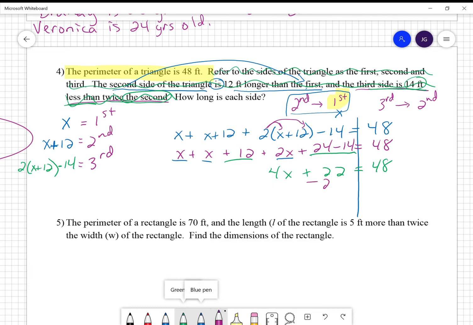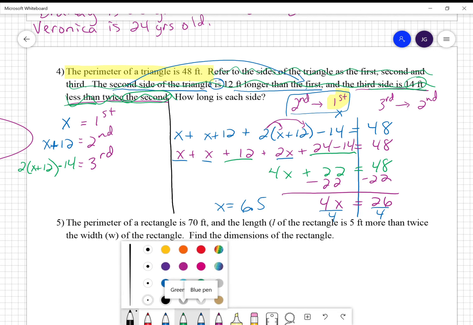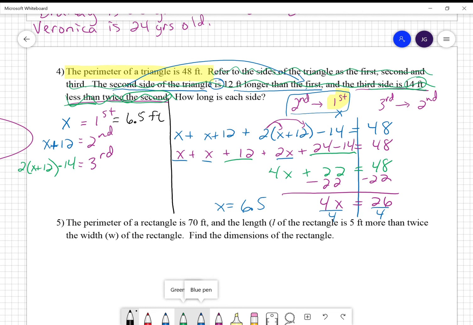Subtract 22 on both sides. 4x equals 26. Divide by 4. X equals 6.5. So my first side, okay, my first side is 6.5 feet. 6.5 plus 12, 18.5 feet.